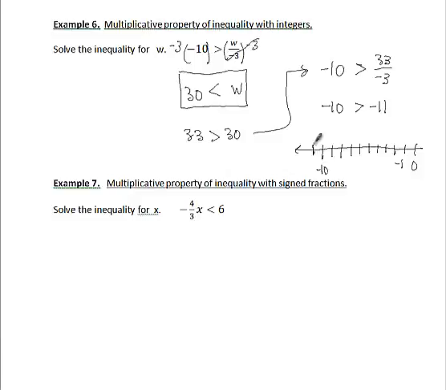And then the next number would be -11. Okay, which number is farther to the right? It would be the -10. Okay, and so -10 is greater than -11. So this inequality checks out. And 33 would be a solution to our inequality. Likewise, 34, 35, 36, any number bigger than 30.